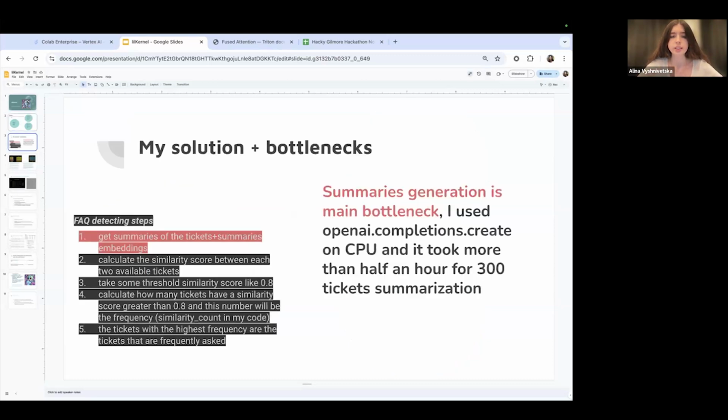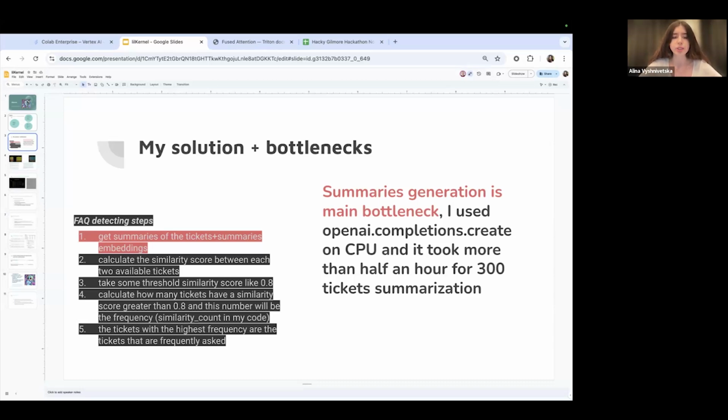But yeah, actually, it is not my project for the hackathon, but it was the reason why I thought about the efficiency of summarizing support tickets, because the algorithm I came up with is quite cheap in terms of computation.